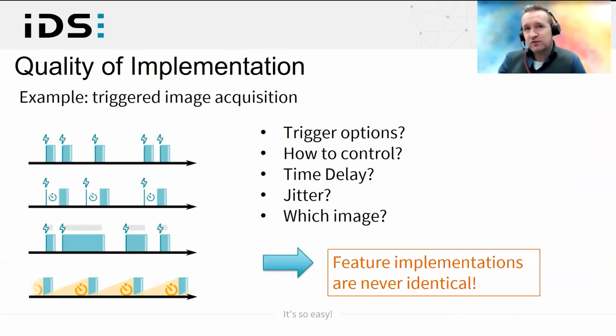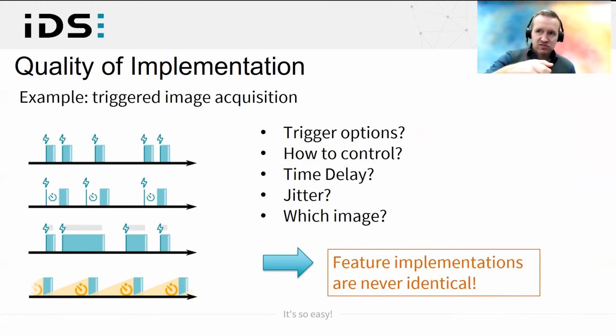Furthermore, the quality of function implementation can also be very different, even when the function names are equal. For example, triggering of the image acquisition is one of the most important functions of an industrial camera. But how many ways of triggering are there?